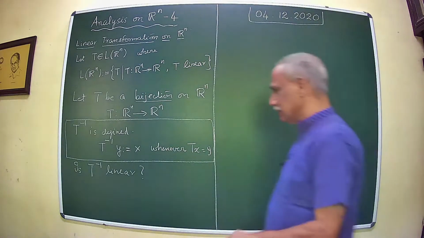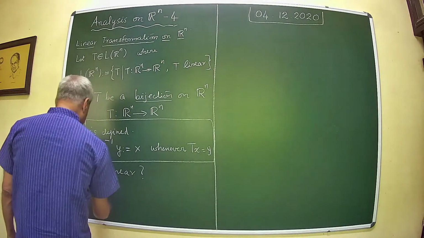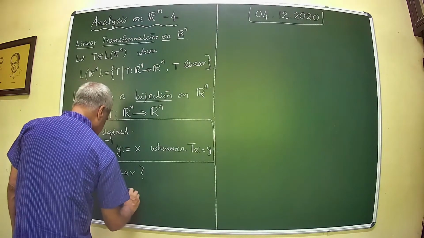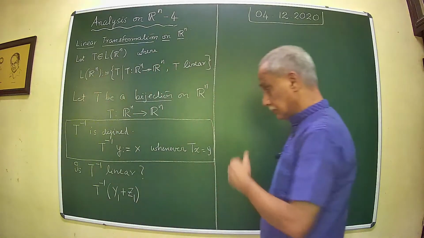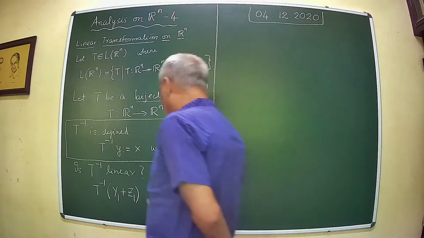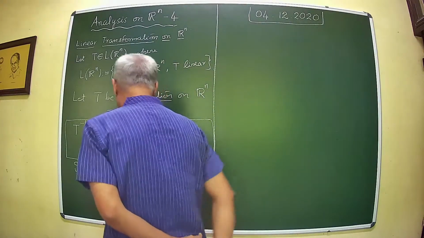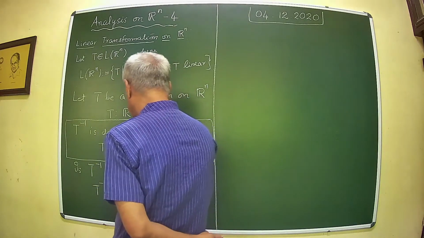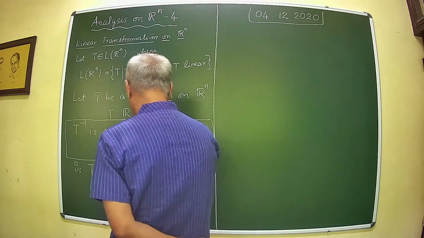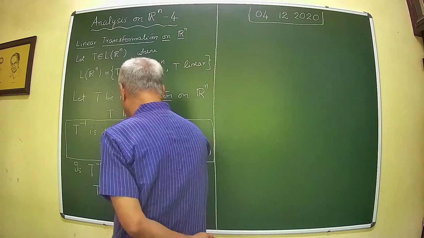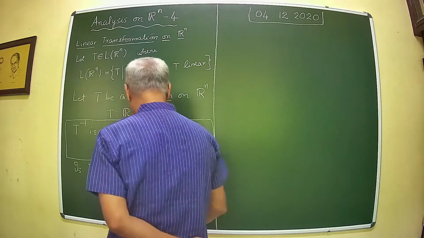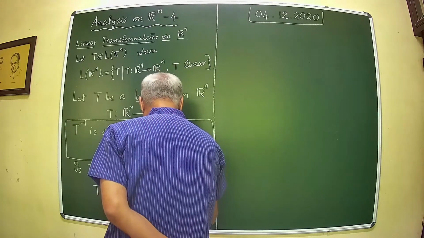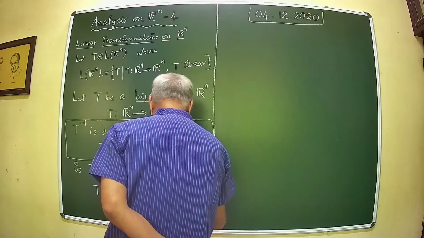Okay, so let us investigate T inverse of y1 plus y2. Since y1 and y2 are in Rn, there are x1 and x2 with y1 equal to T x1 and y2 equal to T x2. So this is T inverse of T x1 plus T x2.